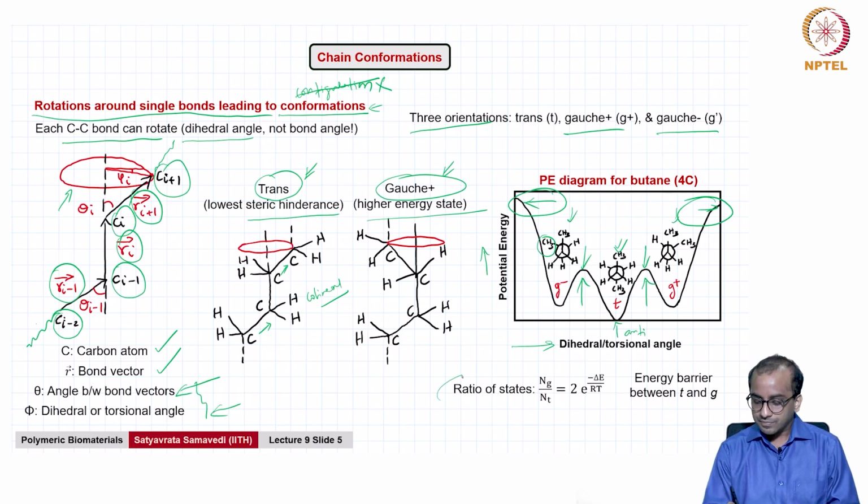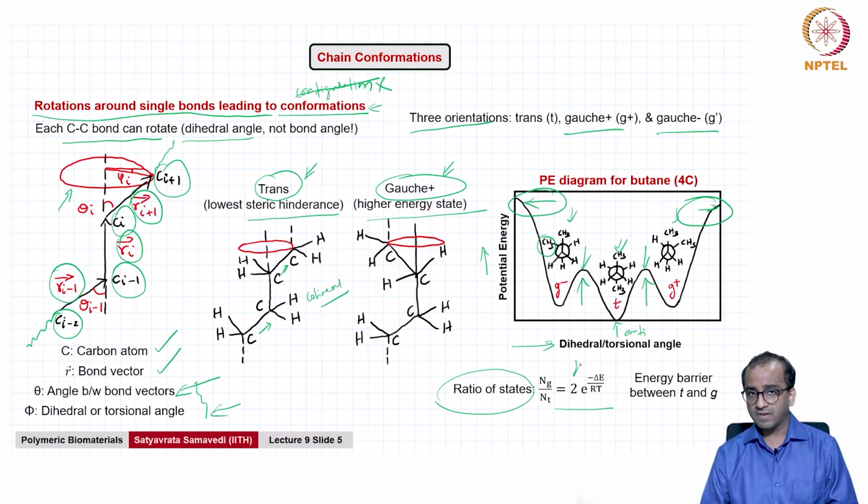And if you want to get a sense of the ratio of the states for the gauche versus the trans, that is shown by this formula here, and you can readily appreciate that this 2 is simply coming from the fact that you have 2 gauche states as compared to 1 trans state, and delta E is simply the energy barrier between the trans and the gauche states.